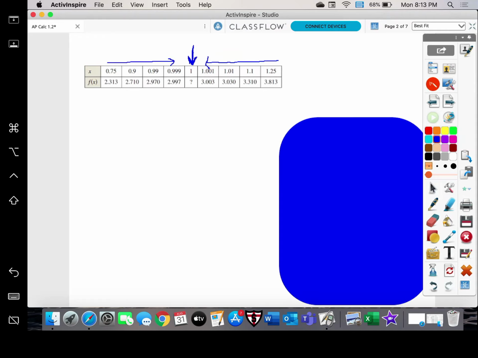On the other side, as we count down closer to 1, we're getting closer to 1 from the right. That helps us see these two numbers are getting very, very close to 3. So if I had to guess what goes at x equals 1, there would be a hole, and the coordinates of that hole would be 1, 3, just based on my little exploration.